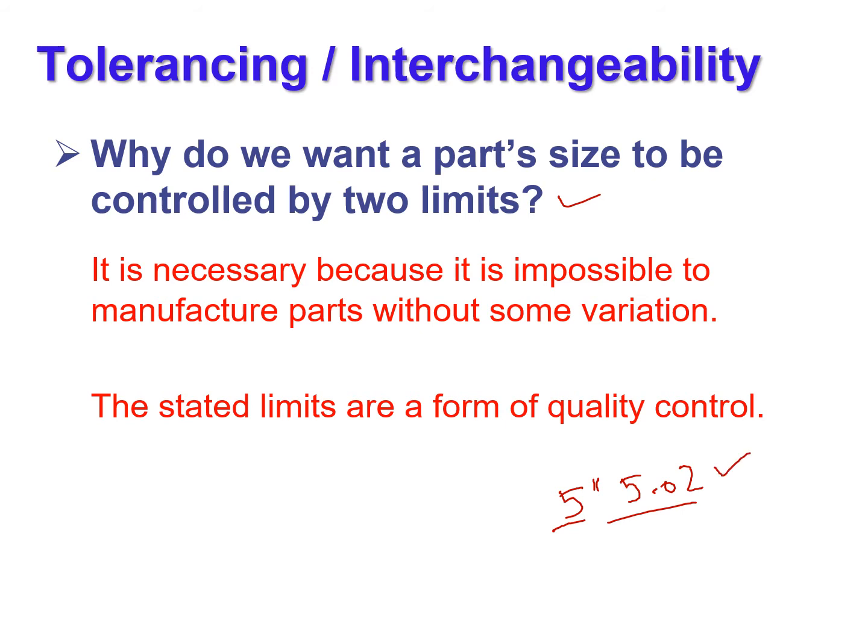It is allowed, it is practiced, but it becomes difficult because if the allowed size is 5 inches and I get into the range of 4.90, then this is not acceptable.